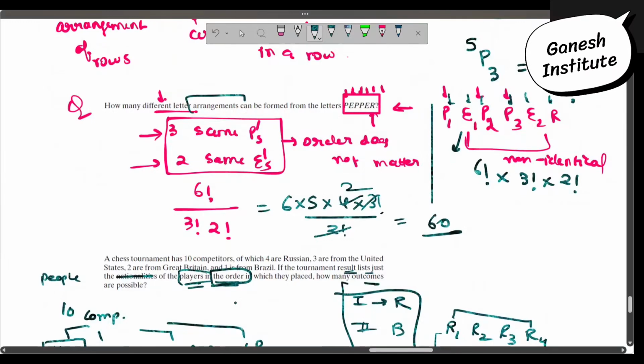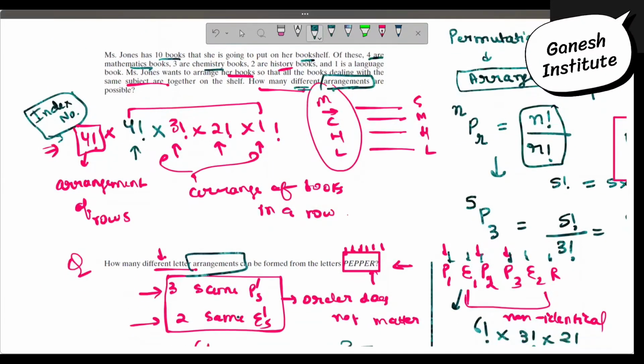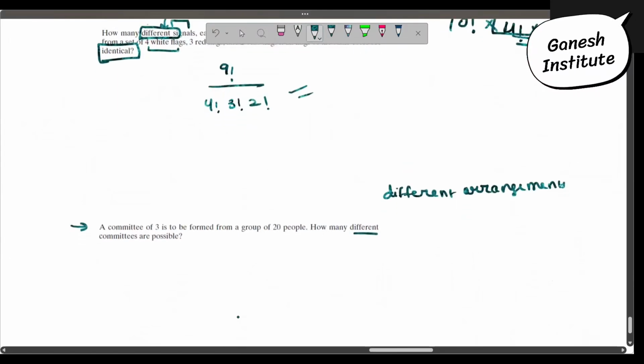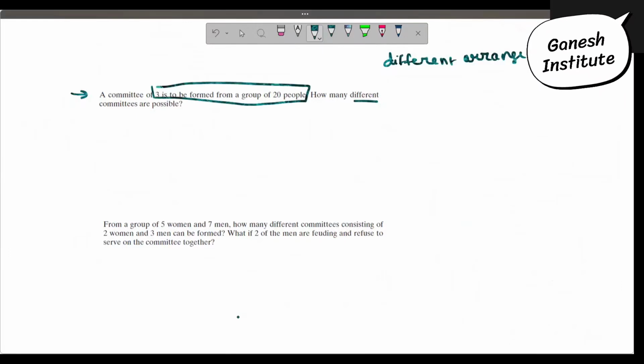Here, arrangement was the keyword. Now, this is literally translating to people have to be chosen. A committee will be formed. Three people have to be chosen. This is what it is giving you some idea about.